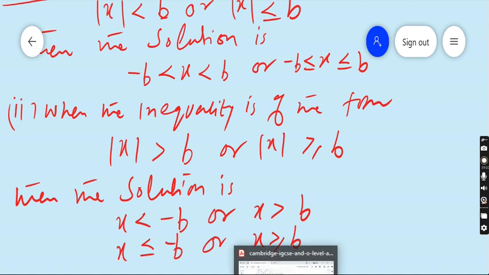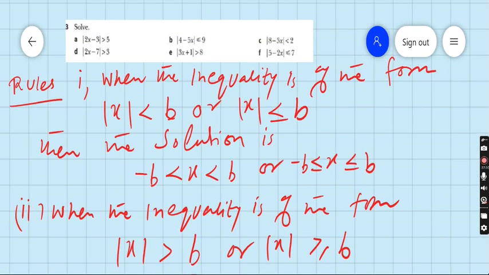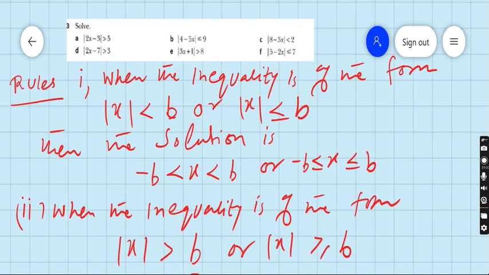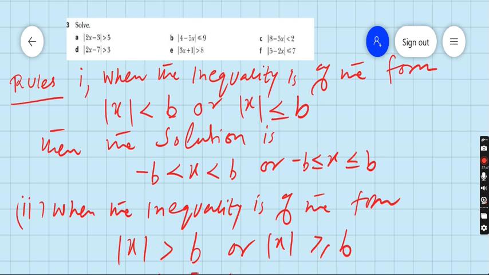So these two rules will help you a lot in doing questions which have only one inequality sign.